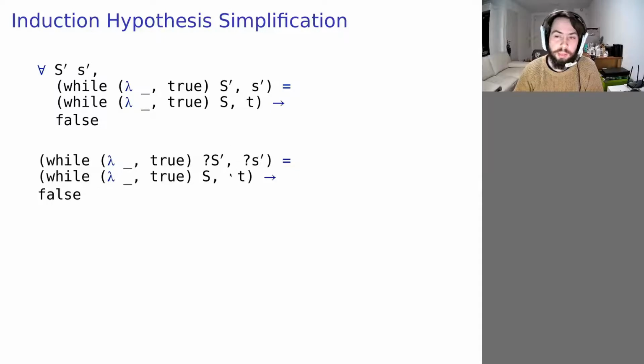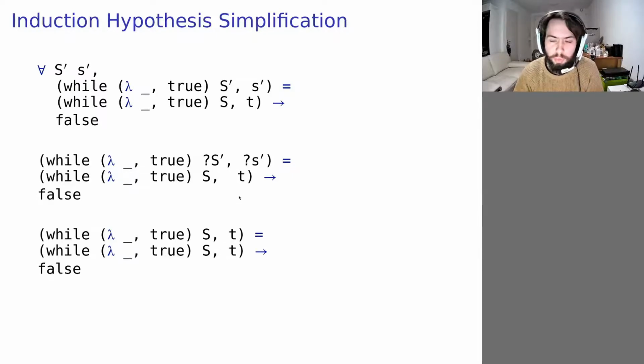And in this case, obviously, unification will return a substitution, assigning this meta variable the s and this meta variable the t. And so then we apply the substitution, and we get an equation where both sides are trivially equal. And when we get such equations, we just remove them from the induction hypothesis because they're trivial.